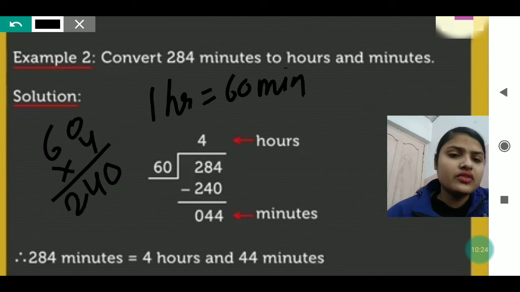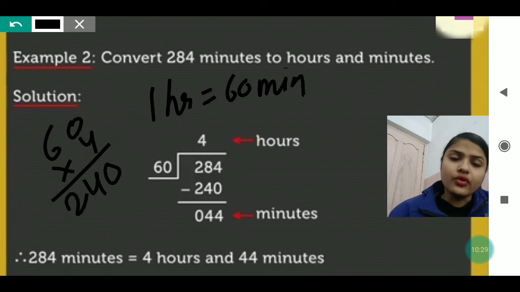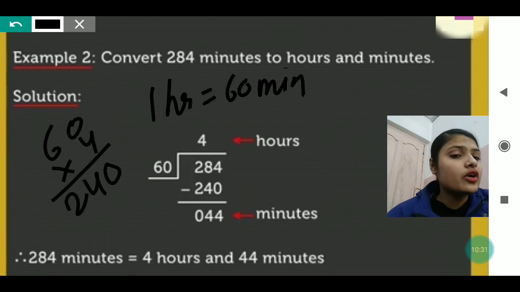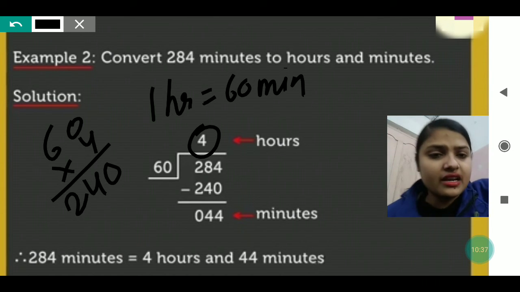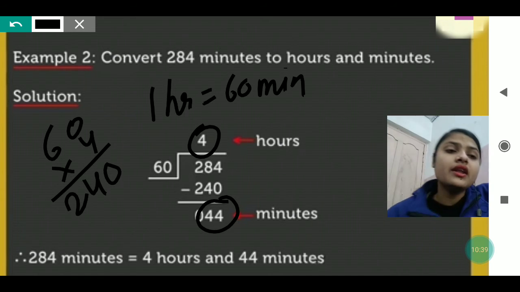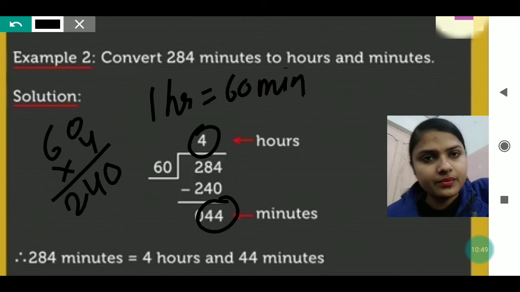That 240 you subtract from 284, then you will get 44. And how many times have you got 240? You have got it 4 times. So the quotient which you have written upside will go in hours, and the remainder which you have got will go in minutes. So the answer after converting 284 minutes to hours and minutes is 4 hours and 44 minutes.